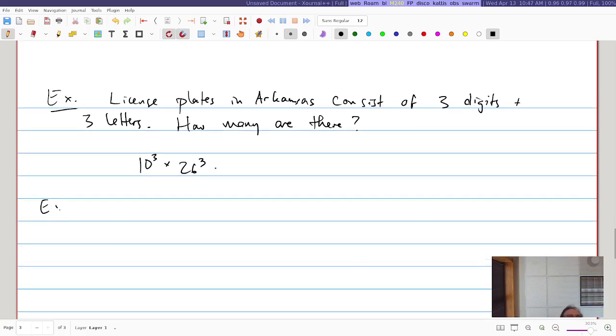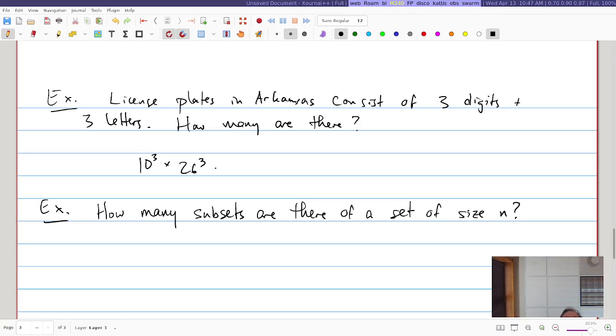Okay. Another example. How many subsets are there of a set of size n?